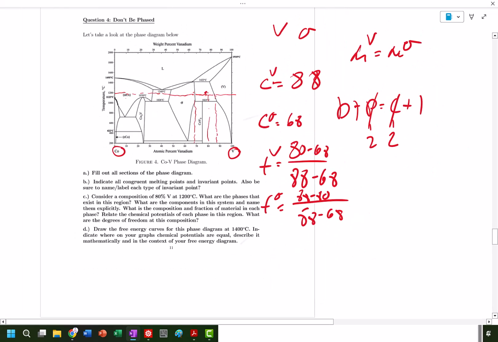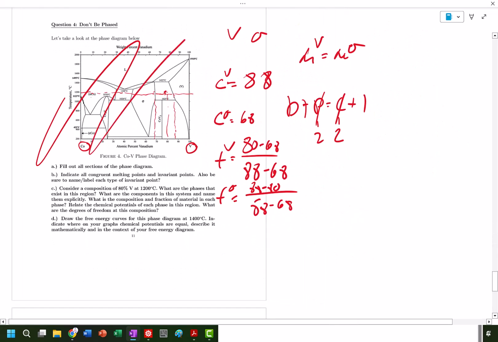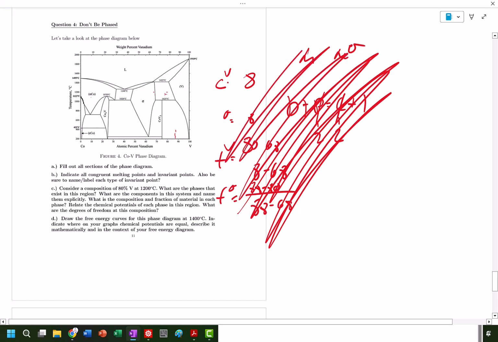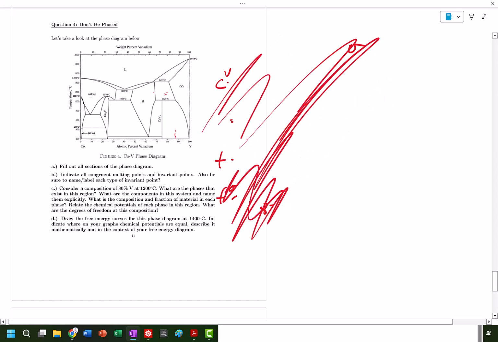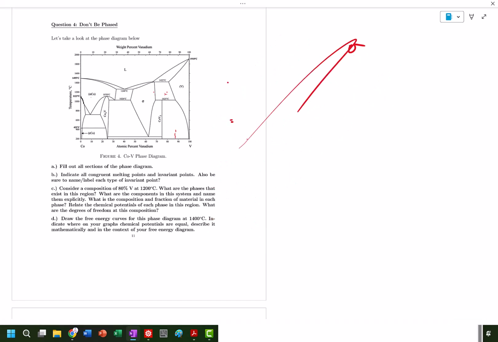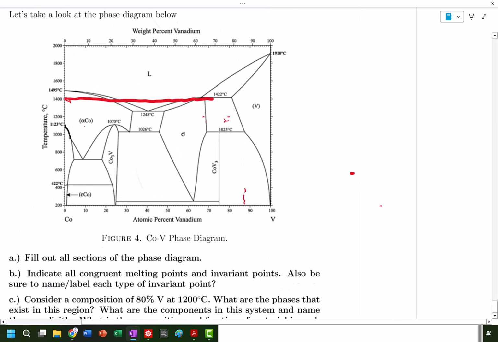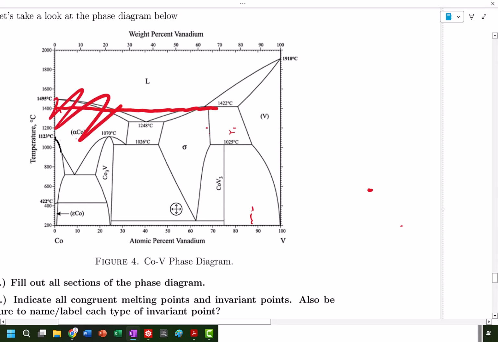And then finally, draw the free energy curves at 1400 C. So let's go ahead and cancel this out. Good. All right. 1400. So if we go here, we're probably just below. Let's zoom in a little bit to make it a little bit easier on ourselves.